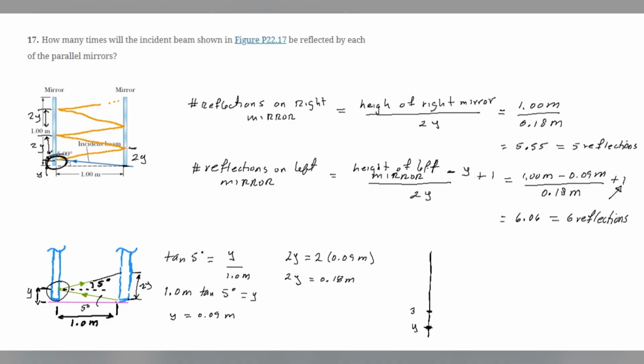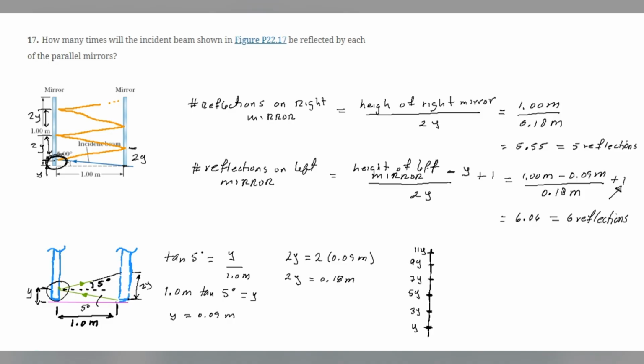The next occurs at 5y, the next at 7y, the next at 9y, and the next at 11y from the bottom of the mirror.